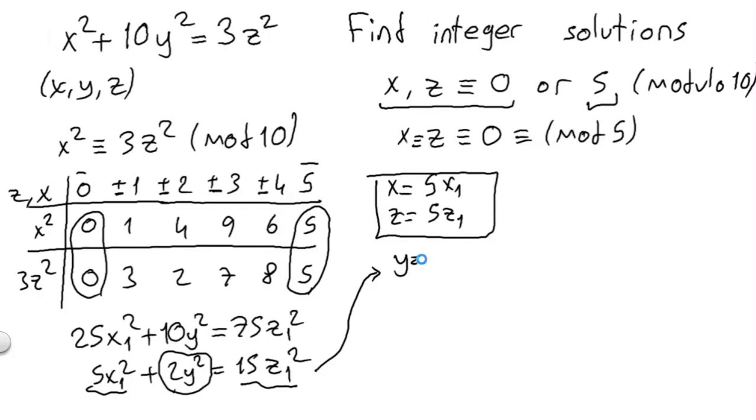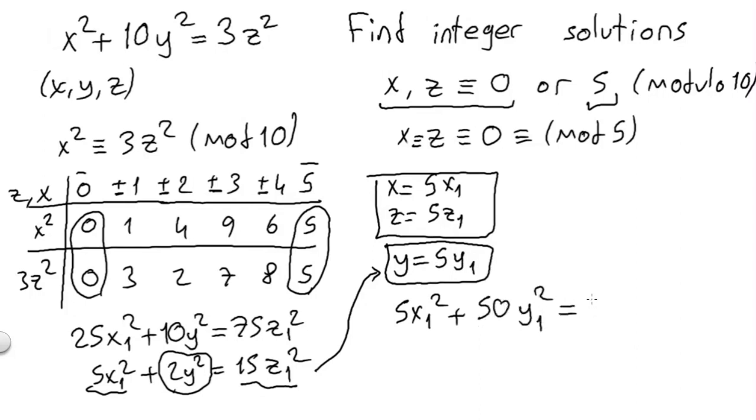So y is equal to 5y1. Okay. Now if I substitute this in here too, I get 5x1 squared plus 50 y1 squared equal to 15z1 squared. And now I can divide all sides by 5 again. x1 squared plus 10 y1 squared equals 3z1 squared.